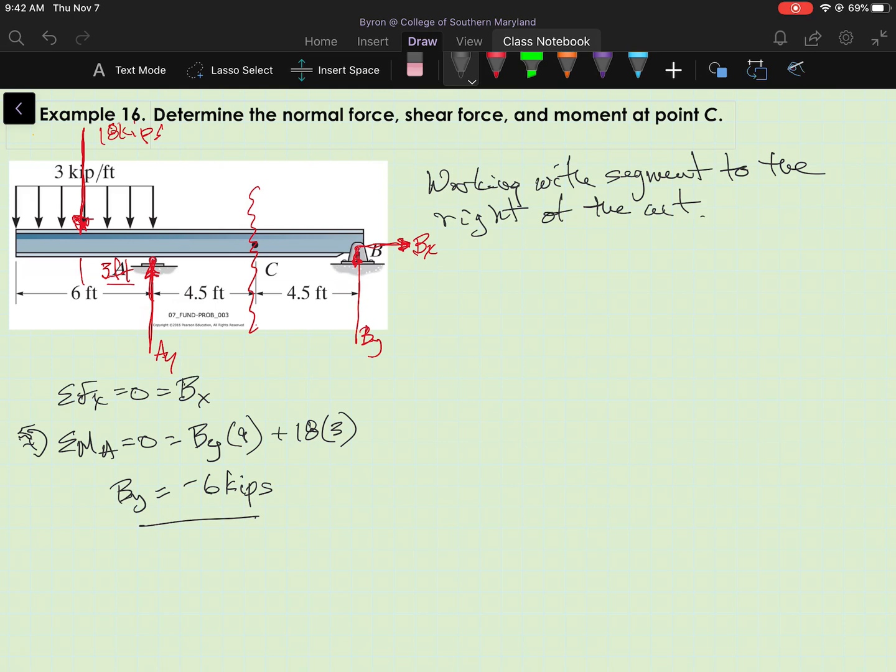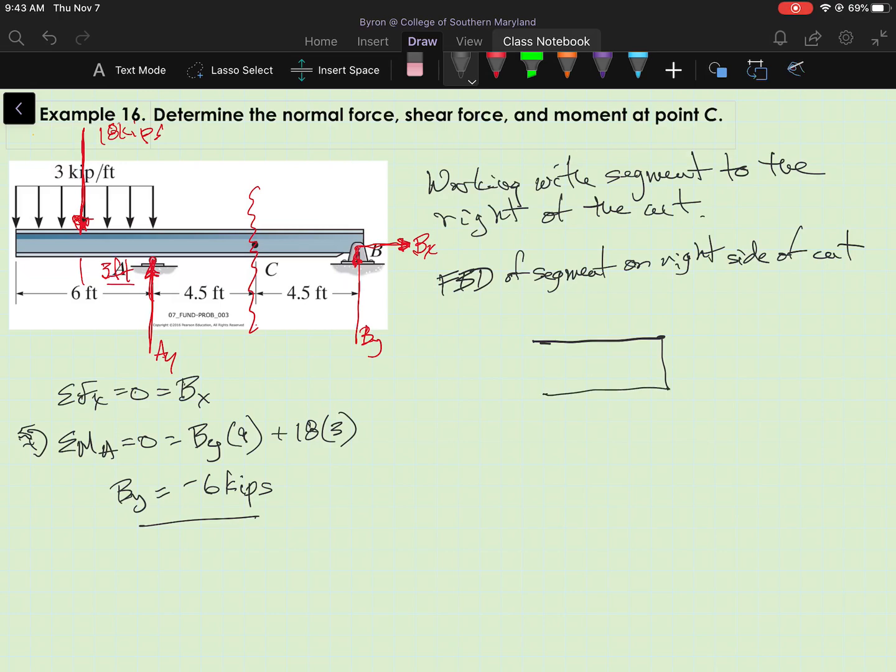Now I'm going to draw the free body diagram of the segment on the right side of the cut. Okay.